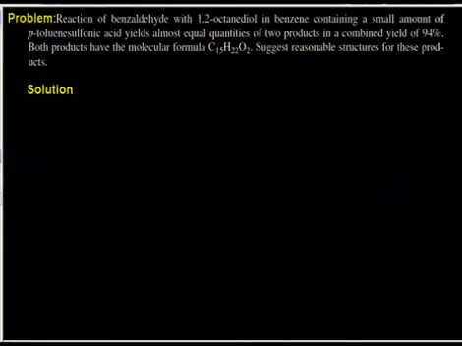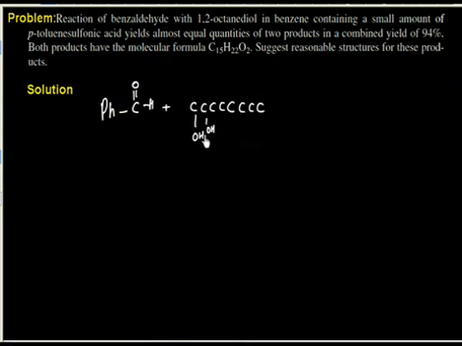Now this question says if benzaldehyde is treated with 1,2-octane diol, so you have benzaldehyde, that is PhCHO, and if this is treated with octane diol, so you have 8 carbons, 1, 2, 3, 4, 5, 6, 7, 8. Now you have OH groups at the 1,2 positions.